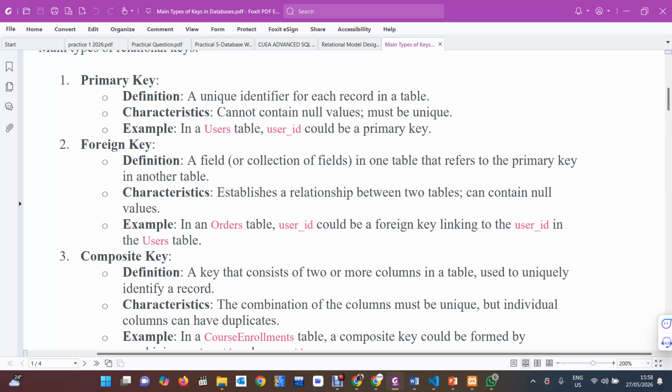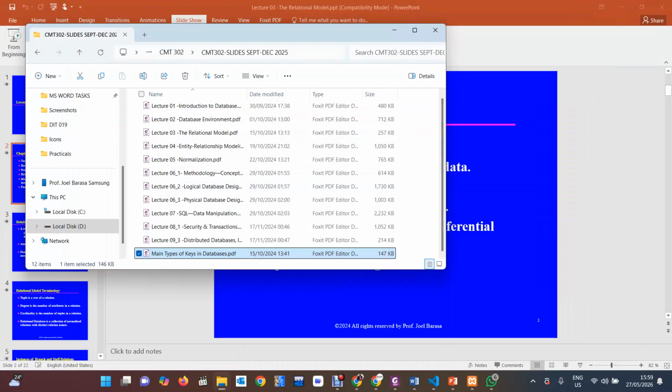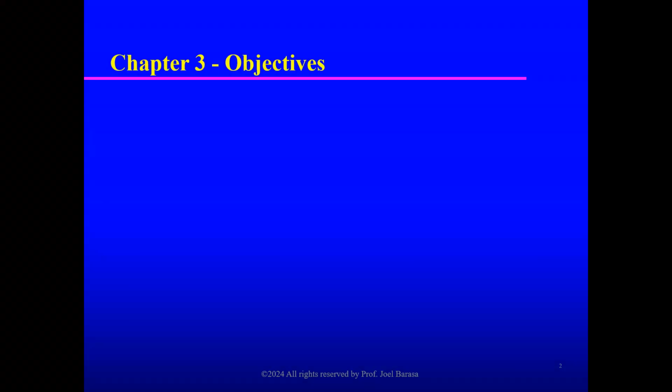For example, in an orders table, you can have user ID, which is from the users table. So when it appears in the orders table, then it becomes a foreign key. We shall look at all that in detail.